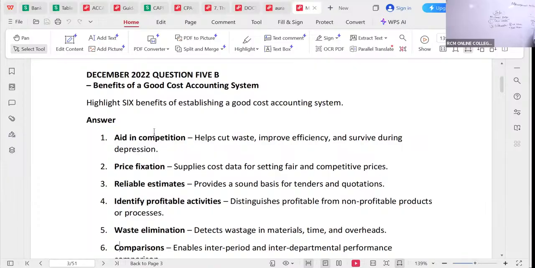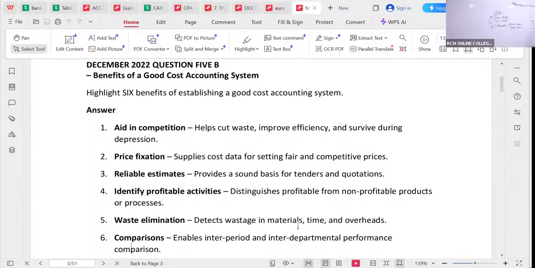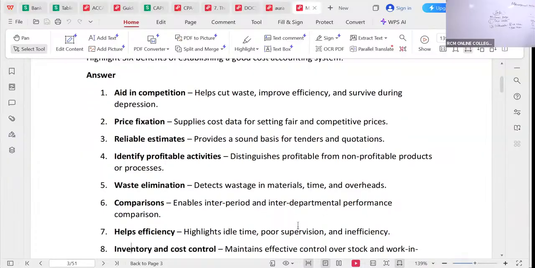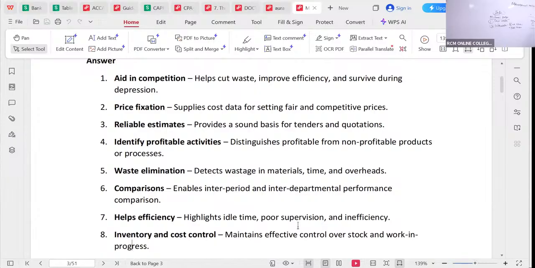So reliable estimates provide a sound basis for tenders and quotations, identify profitable activities, distinguish profitable from non-profitable products, and eliminate waste. They detect wastage in materials, time and overheads, enable inter-period and interdepartmental performance comparison, help efficiency, and highlight idle time of employees, poor supervision and inefficiency.